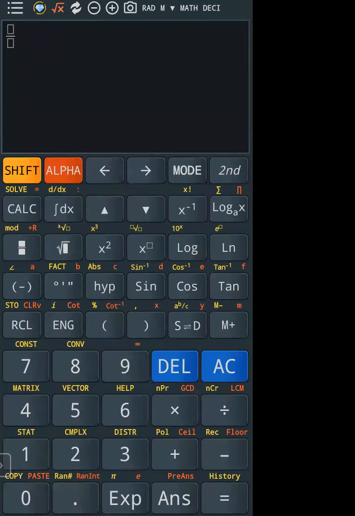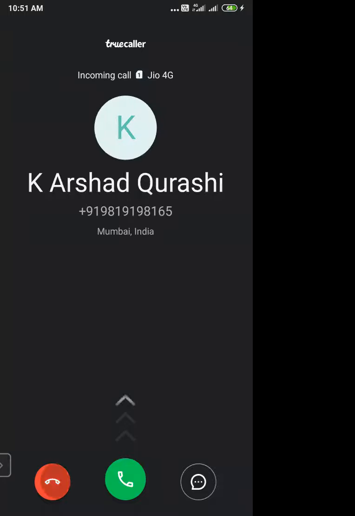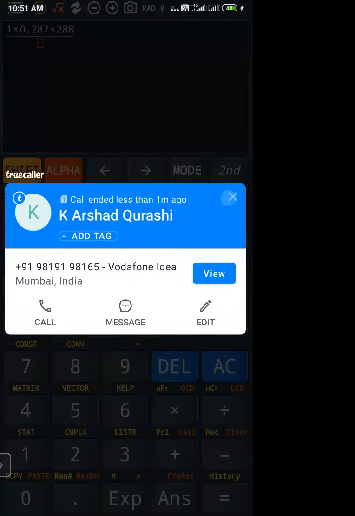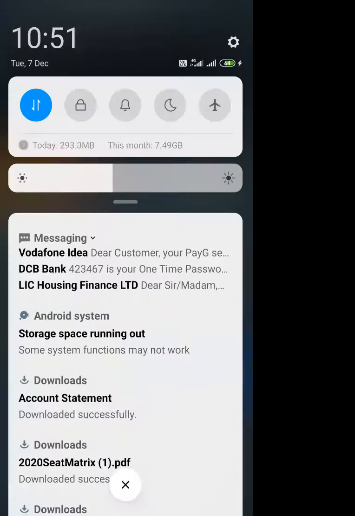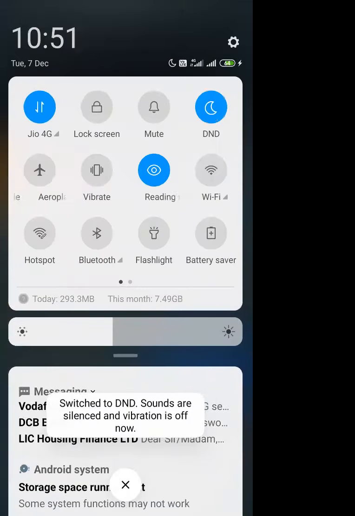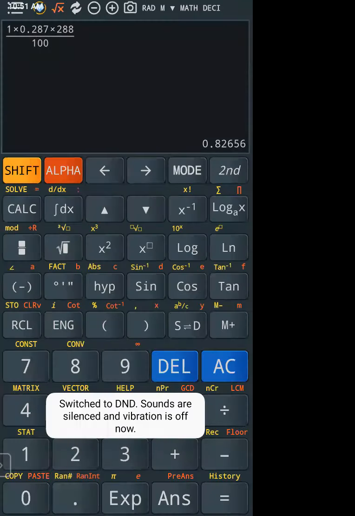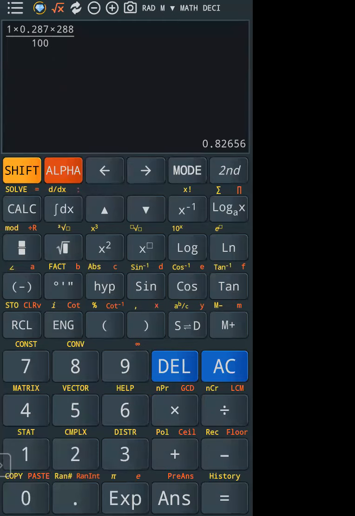We'll calculate V1 as 1 into 0.287 into 288 divided by 100.